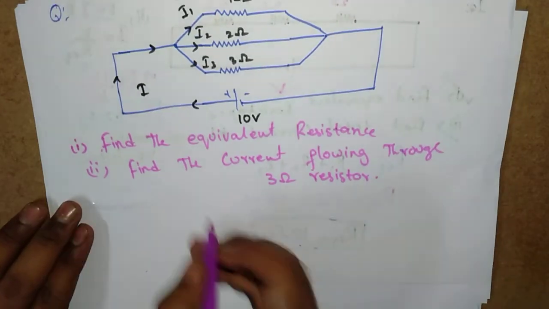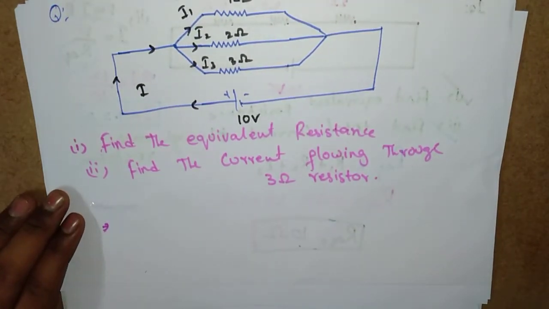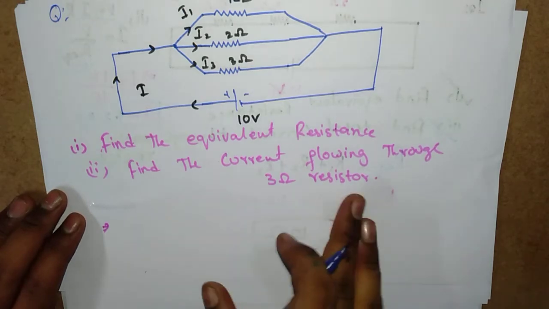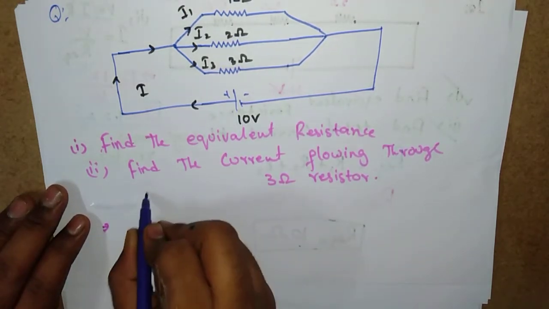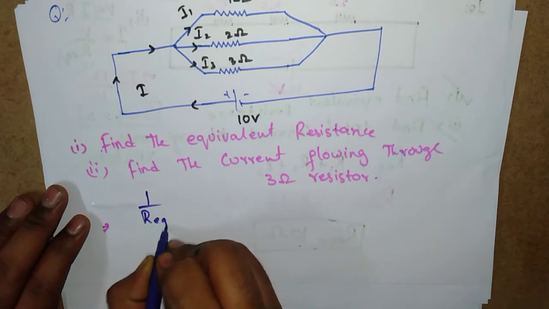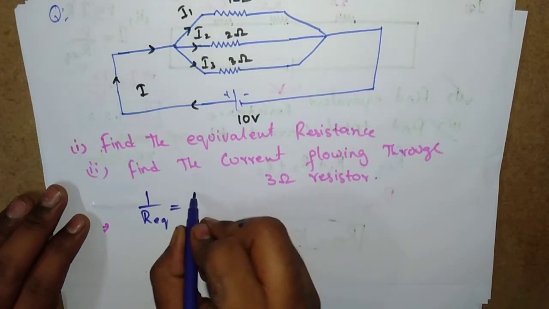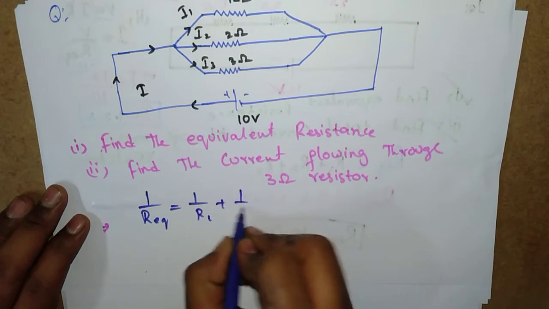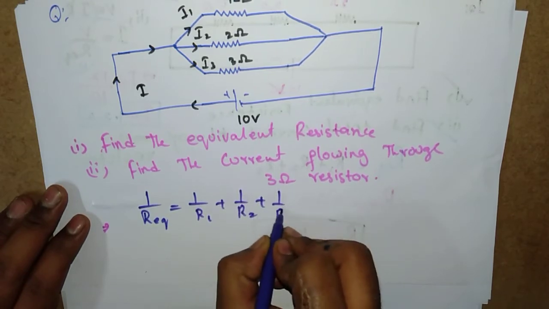So how can I find the equivalent resistance when the resistors are arranged in a parallel connection? I have written an expression: 1 by R equivalent is equal to 1 by R1 plus 1 by R2 plus 1 by R3.